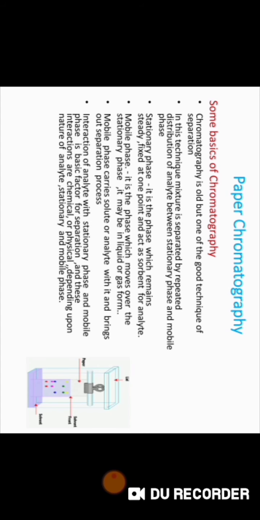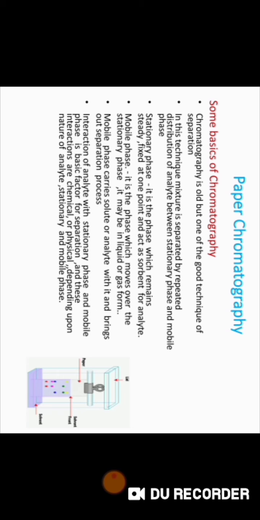Now we'll come back to the second statement. In this technique, the mixture is repeatedly distributed between the stationary phase and the mobile phase. These are the two phases in which the analyte gets distributed. Now, the interaction of the analyte with the stationary phase and the mobile phase is a basic factor for separation.